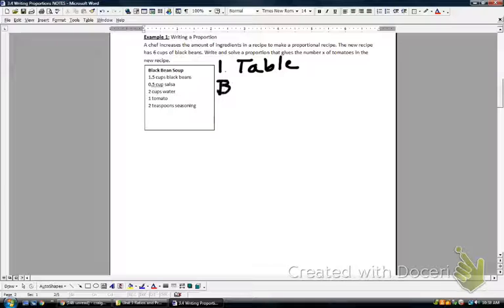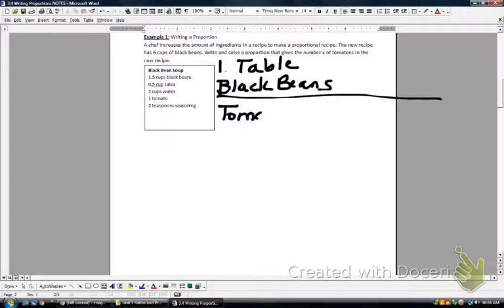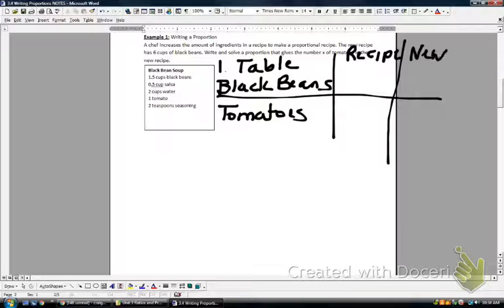And so we have black beans. And then we have tomatoes. And then we have the recipe that's over here to the left. And then we have our new recipe.